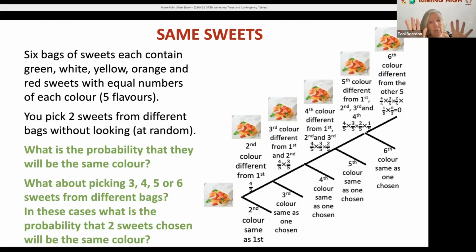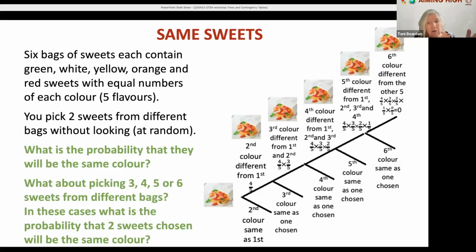Well, there are 4 more colors, and so in 4/5 of the cases, the second color is different from the first, and in 1/5 of the cases, the second color is the same as the first.